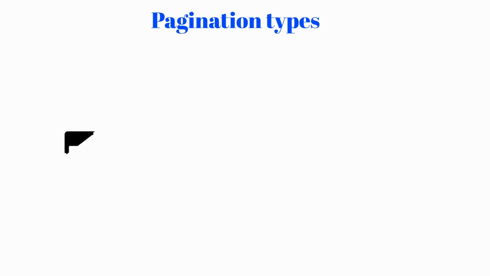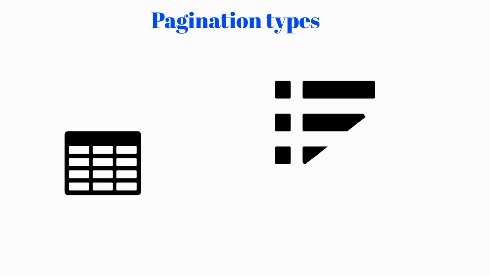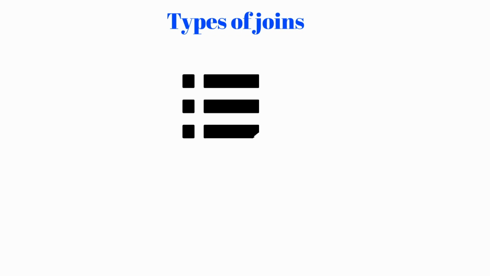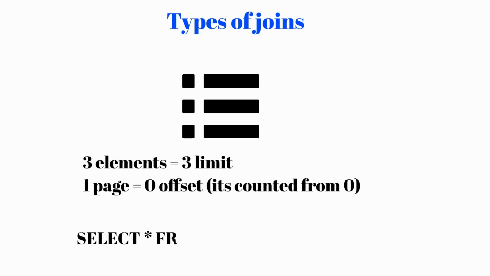There could be two types of pagination: by table with pages and by infinite scroll. To make pagination by page possible, we need to determine the number of rows to show on a page. In MySQL, it's defined by limit. We also need to define the page by offset.